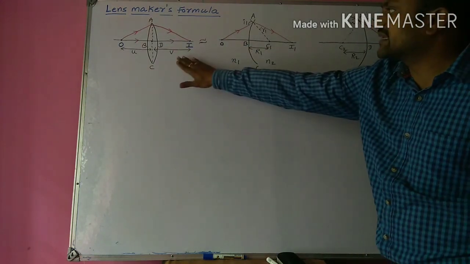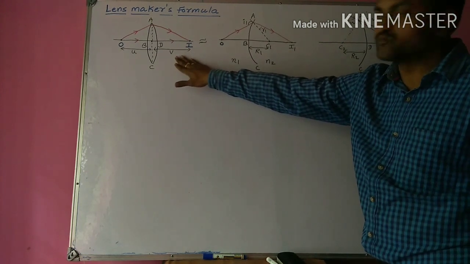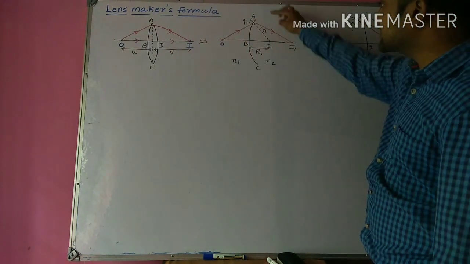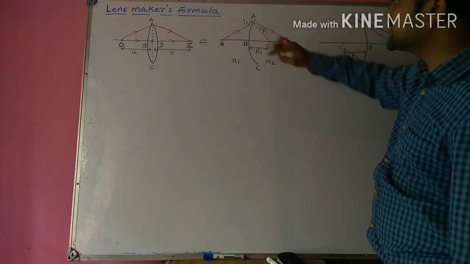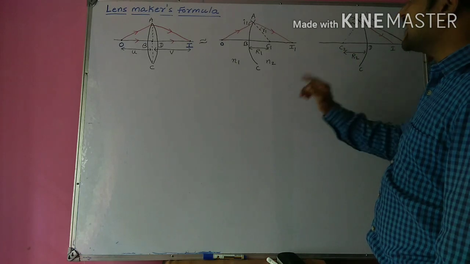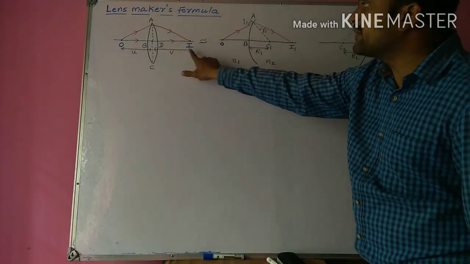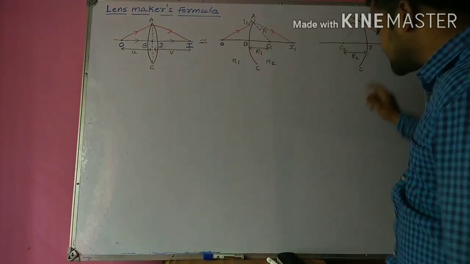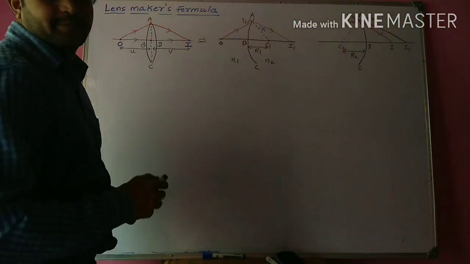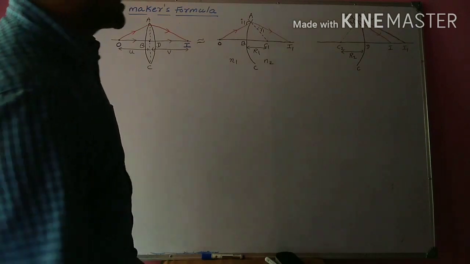The process of getting the image here involves two steps: the first is refraction at the ABC surface, and the second is refraction at the ADC surface. So the object is at O and the final image is formed at I. This is the total process.